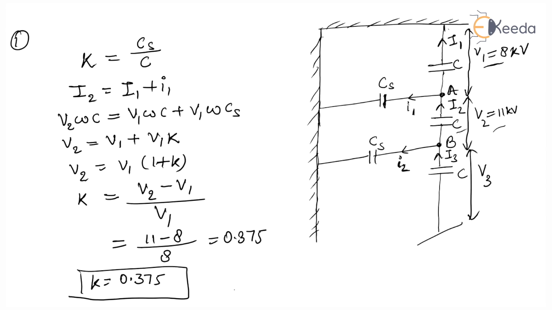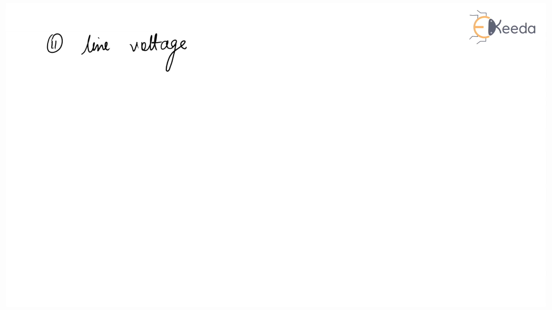So we have to find out now the line voltage. We know the total voltage is V. We already know V1 and V2, so find out V3. So apply KCL at node B. At node B, I3 is equal to I2 plus small i2.